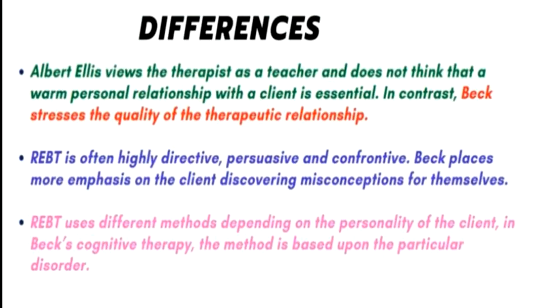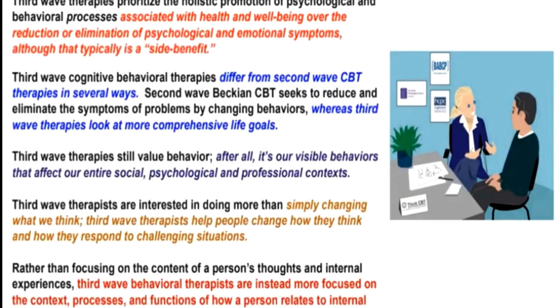In Beck's cognitive therapy, the method is based upon a particular disorder. So let us discuss other therapies, then we'll proceed to how we use these therapies in treating different kinds of disorders.